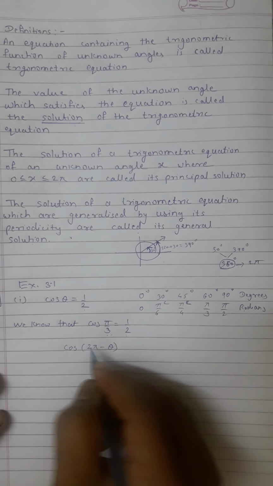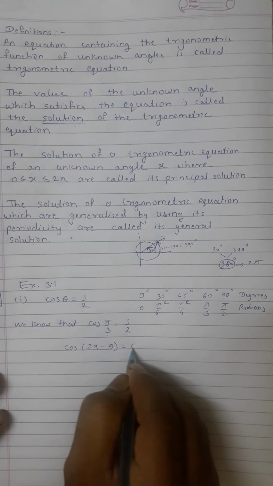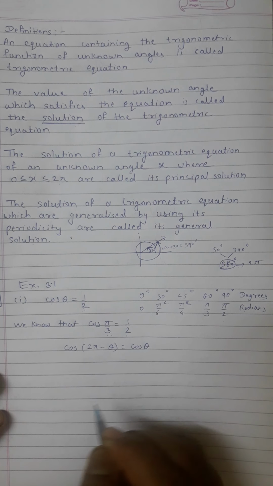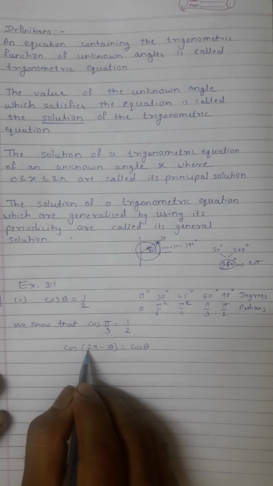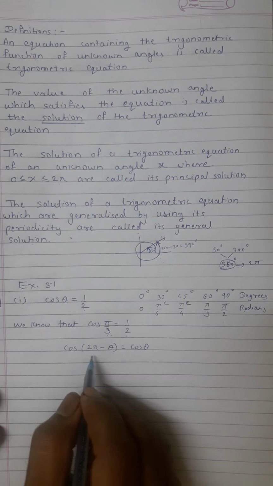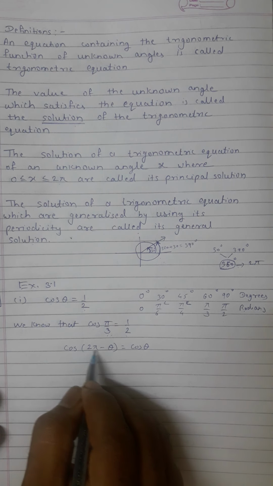We know that cos of 2 pi minus theta is cos theta. Why have we taken cos of 2 pi minus theta? Because we are working on the principal solution, and the principal solution cannot exceed 2 pi.